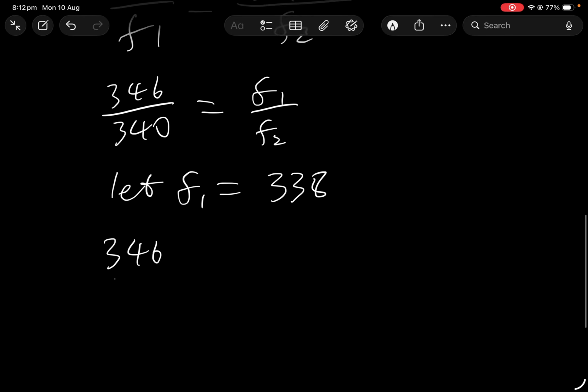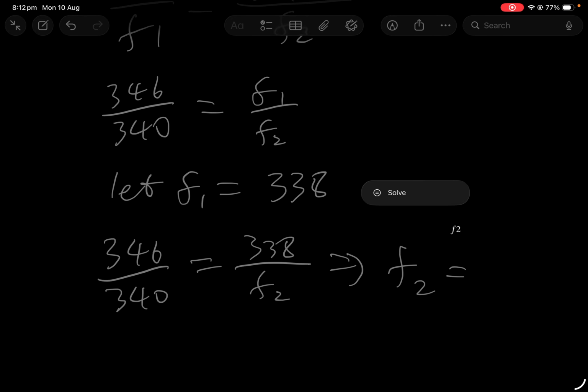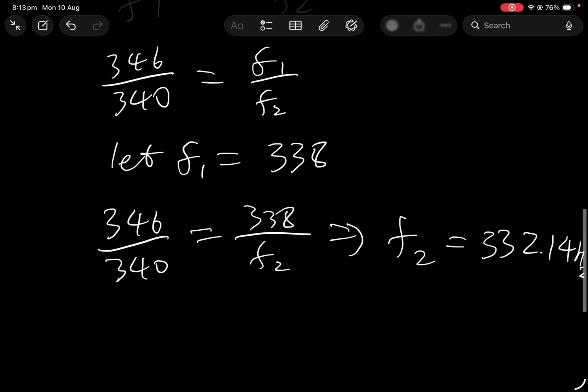So 346 over 340 equals 338 over F2. That just means F2 equals 346 divided by 340 divided by 338, and then 1 divided by that. So we get 332.14 hertz.